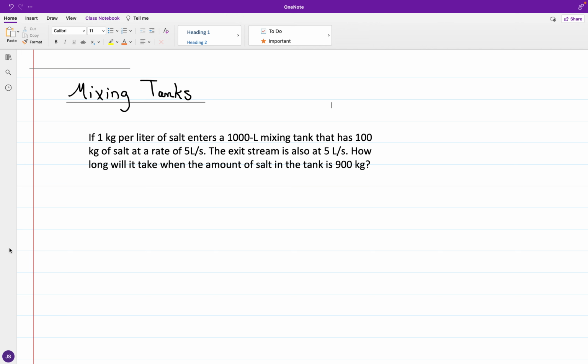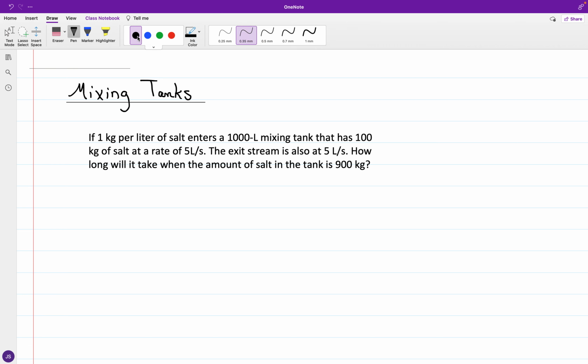We have posed the question: how long will it take until the amount of salt in the tank is 900 kilograms? So you have 100 kilograms of salt in the tank, 1 kilogram per liter entering that 1,000 liter tank at 5 liters per second, and the exit stream likewise.